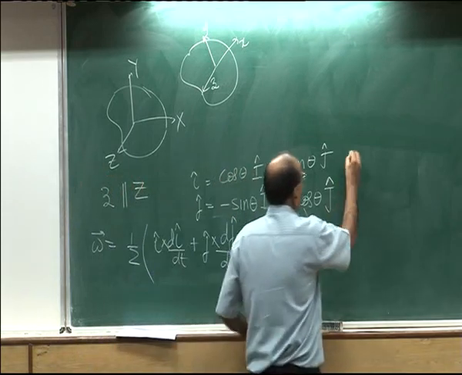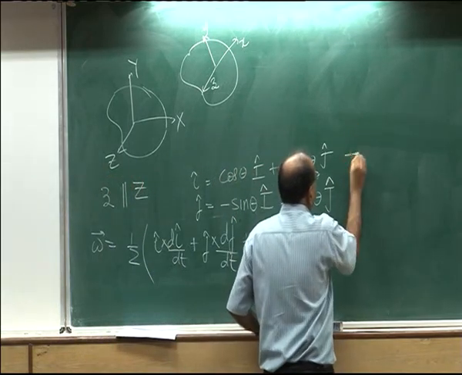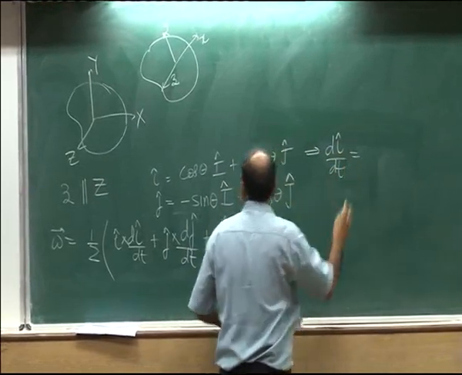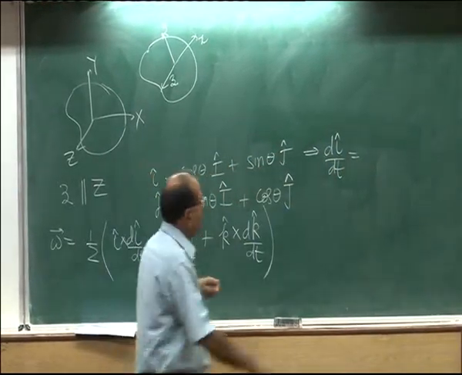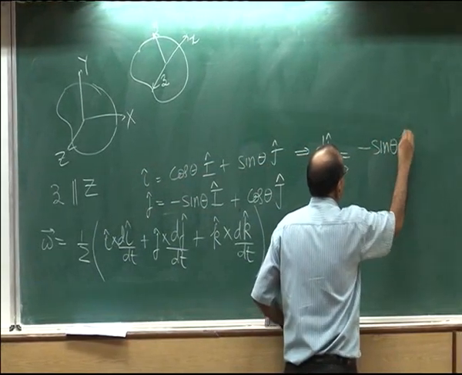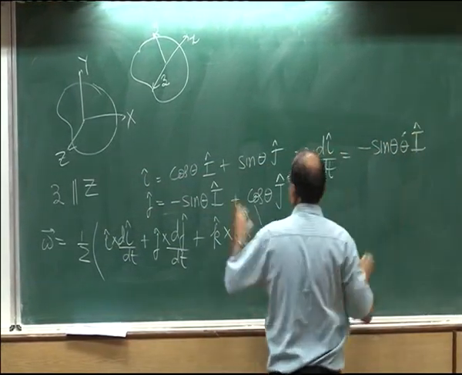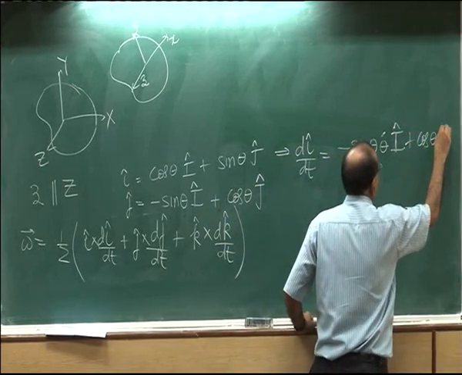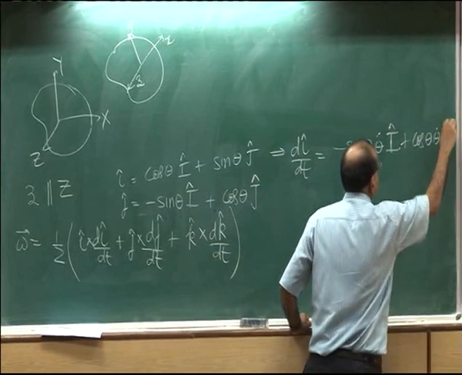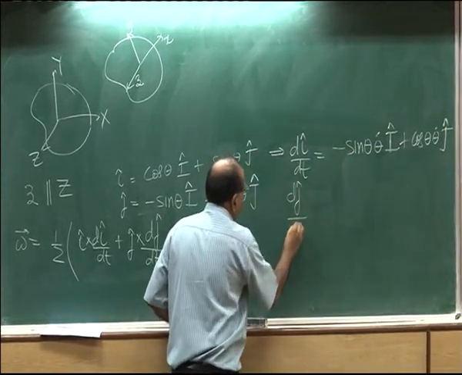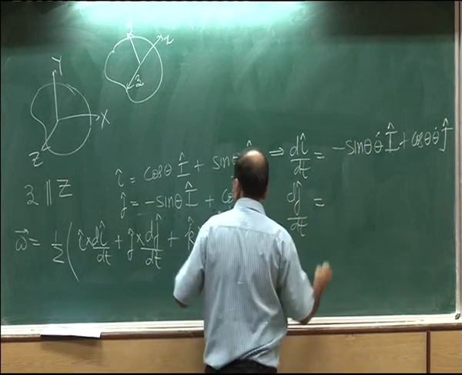Now this will write, so this implies di by dt will be equal to, and dj by dt, this will be equal to.